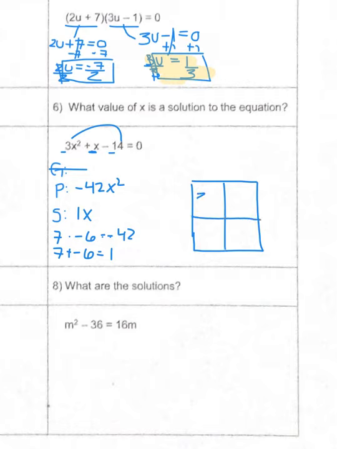Alright, make a box over here. First term goes in the first box. Last term goes in the last box. Those values you found right here go in the diagonal. Don't forget to put your x there. Alright, greatest common factor coming up here between negative 6x and negative 14. Well, the biggest number you can divide both negative 6 and negative 14 by is 2.